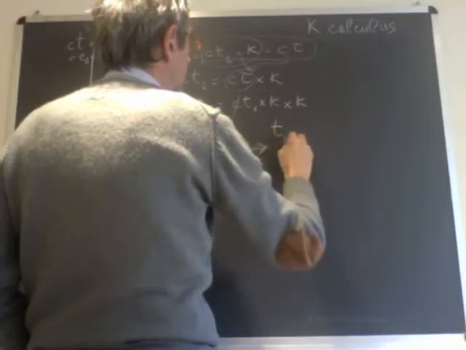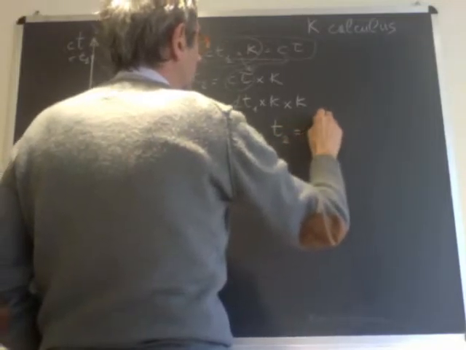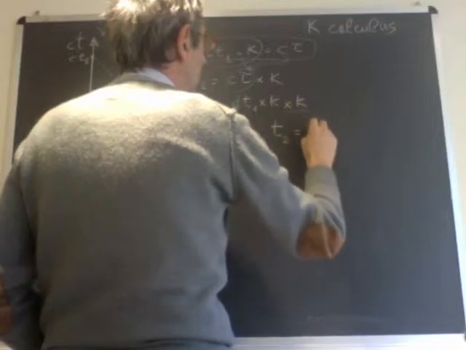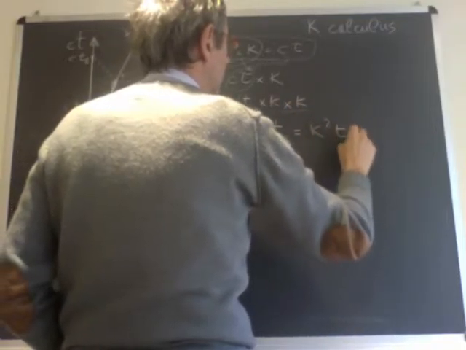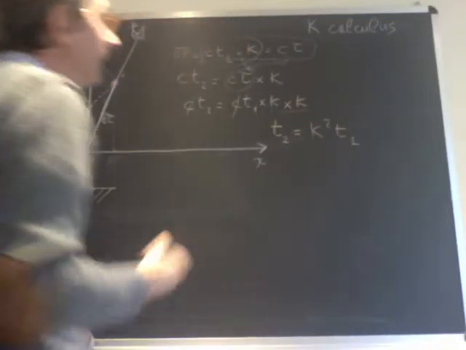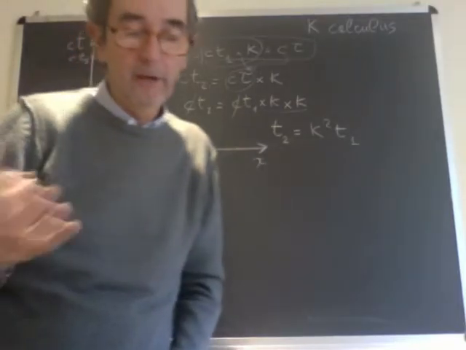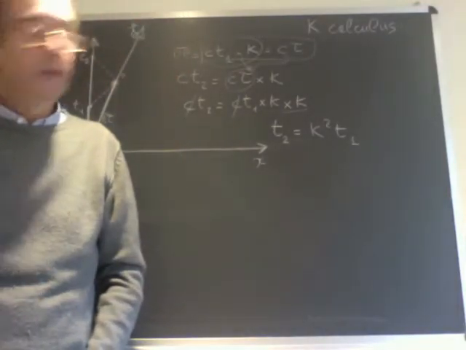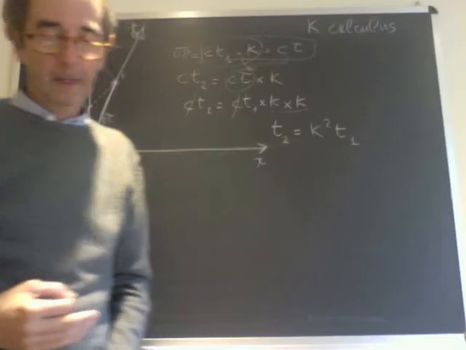So t2 is equal to K squared times t1. Okay, but I don't know yet what this K is.